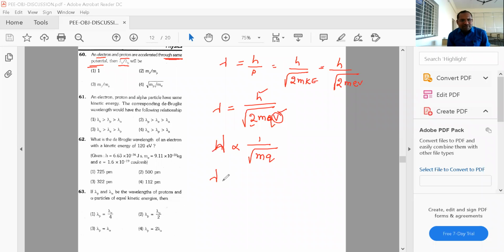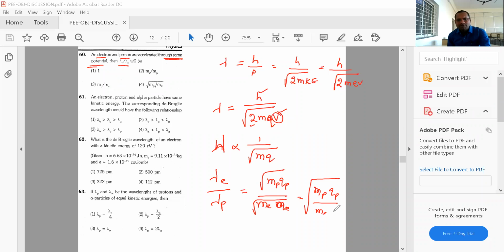Lambda of electron by lambda of proton will become root of mass of proton into charge of proton divided by mass of electron into charge of electron, under root. Clear? Yes, because it is inversely proportional. So it can be written as under root of mp into qp upon me into qe.